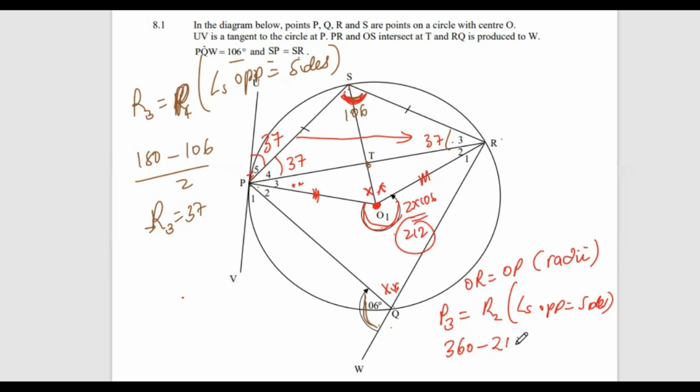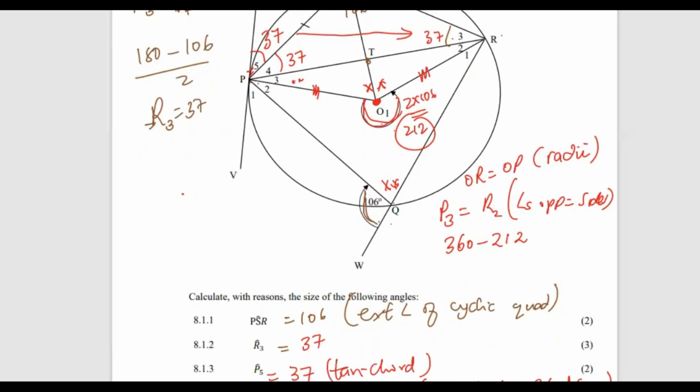So 360 minus 212 is 148. So this is 148. Then for me to get this missing angle, I'll get 180 minus 148, divide by 2, which means it's 16 each. That is 16 degrees.